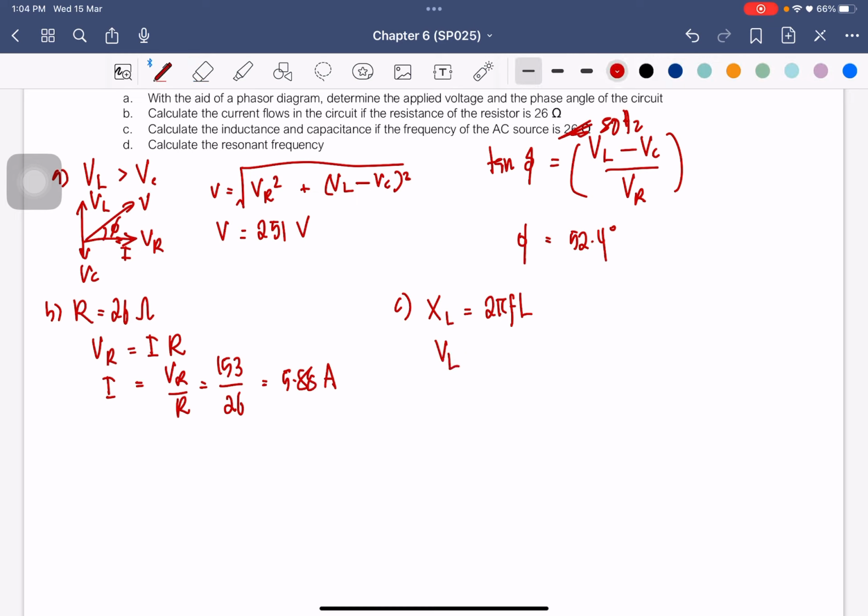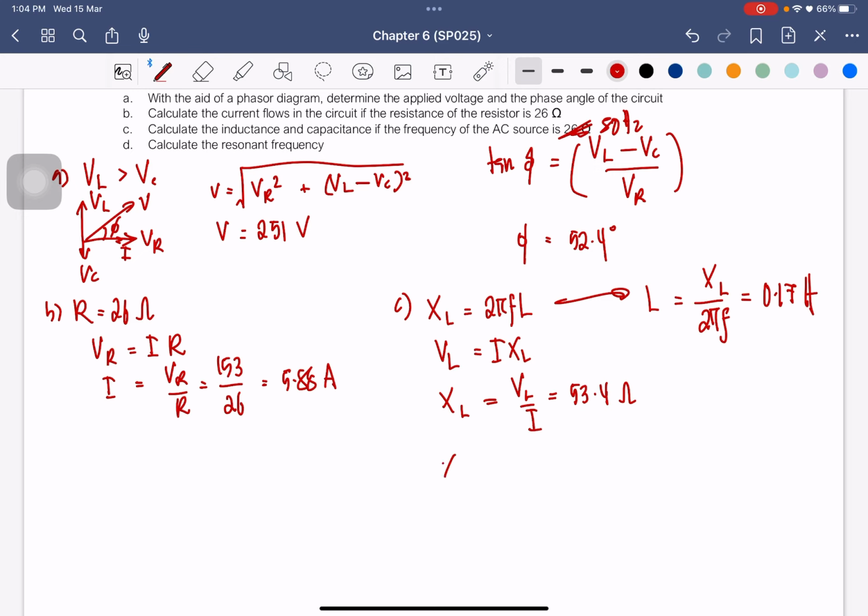Okay, so VL is I XL. So dari sini kita boleh buat macam ni. Okay, so yang ni kamu akan dapat 53.4 ohm, and then the value of L ni, rearrange untuk L, this is basically XL divided by 2 pi F, so you will get 0.17 Henry. Okay, so that is the inductance lah bila frequency tu sudah berubah.